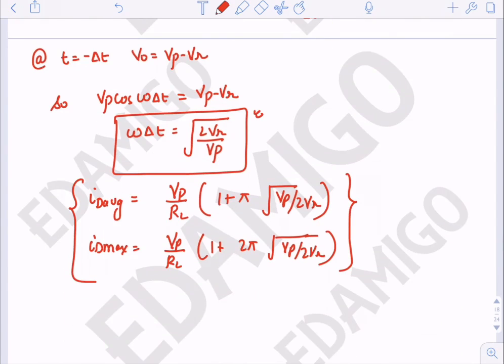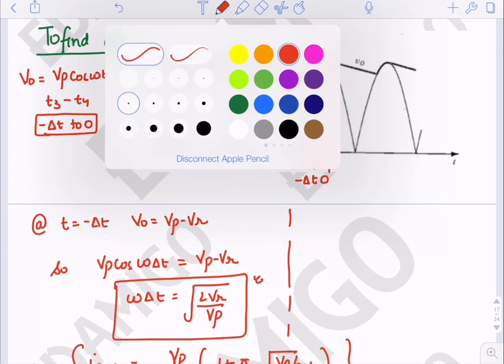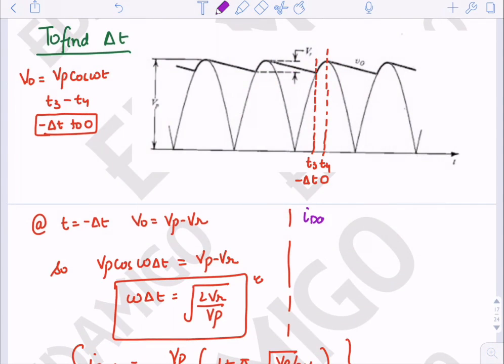Okay, now I'm just giving you a hint here. ID average will be equal to IC average plus IL. So IC average is, in the time duration from minus delta t to 0, the ID average current. IL is approximately equal to Vp upon RL.